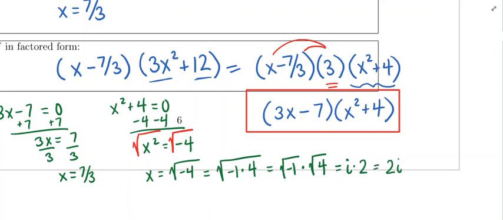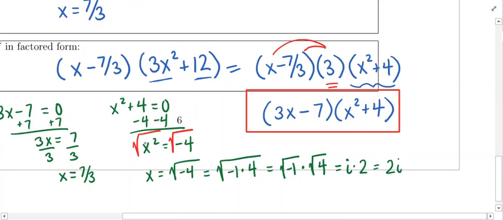Now I forgot something. Remember, when you have something squared equal to a number, you have to have the plus or minus out front. So let me carry it through. This needed to have plus or minus. So you end up with two imaginary zeros: positive 2i and negative 2i.